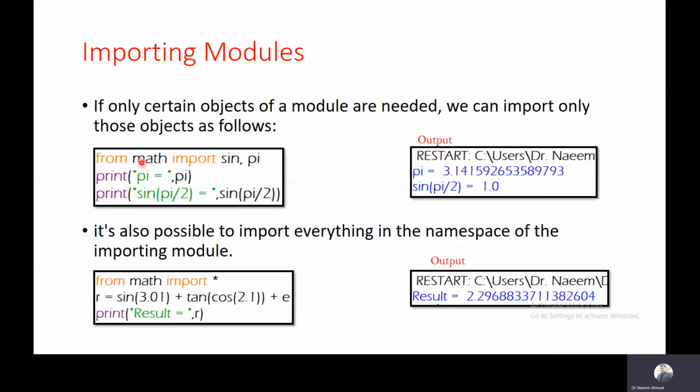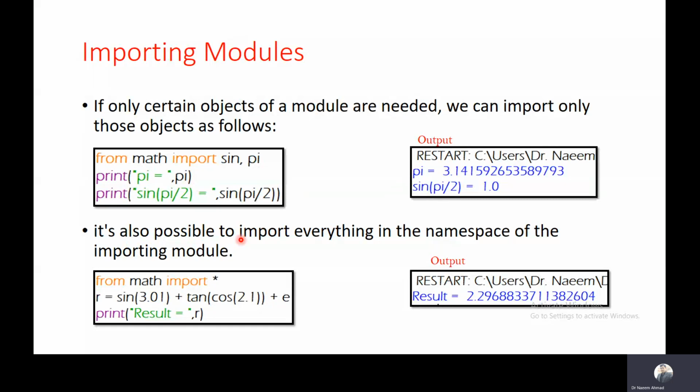So math is my module, and after import, I'm keeping the list of the objects. In this case, I don't need to use the math keyword along with the object. I will just directly use the objects pi and sin. So if I print the value of pi and the value of the sin of pi divided by 2, I will get this result.